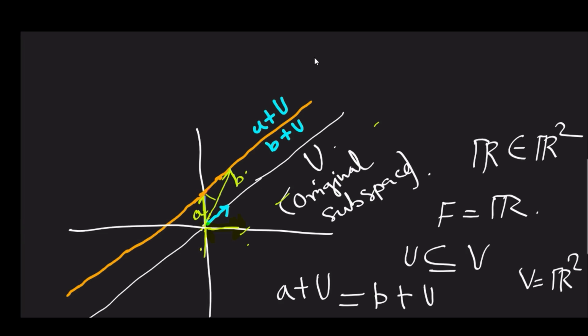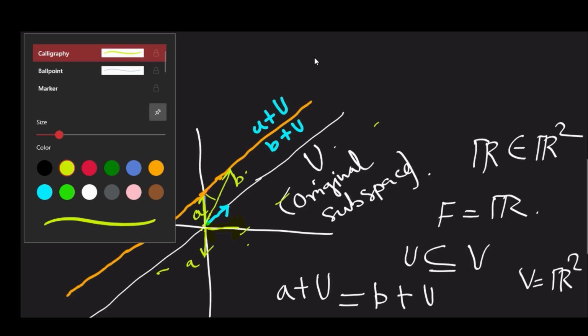You take minus A, and then you just go by the parallelogram law of addition, and you will see that this results in B minus A. Let me select a different color for clarity.